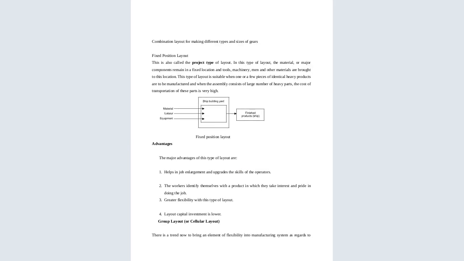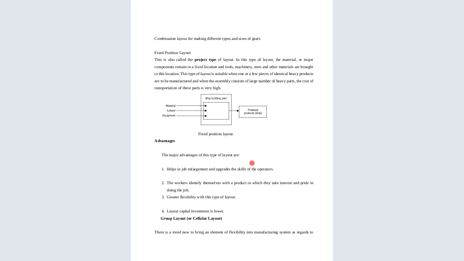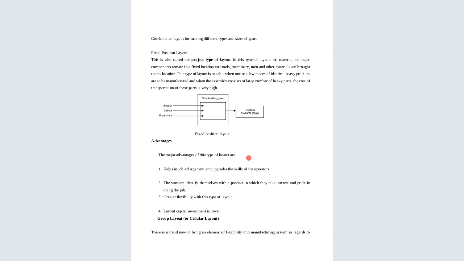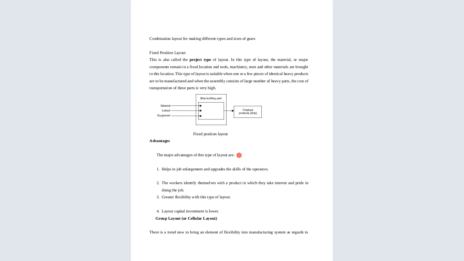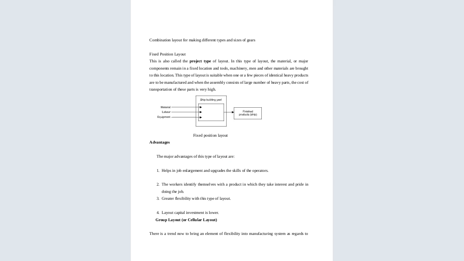Now, the fixed position layout, that is the last type of layout. It's also called the project type layout. In this type of layout, the material or the major components remain in a fixed location, and tools, machinery, men, and other materials are brought to this location.